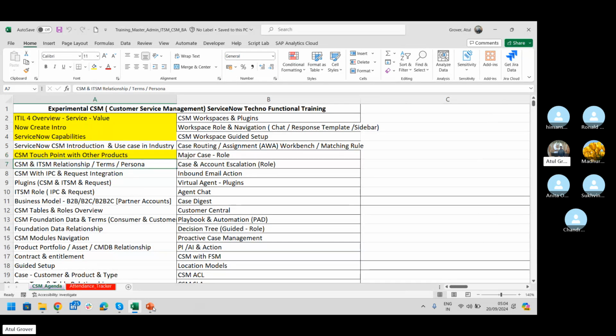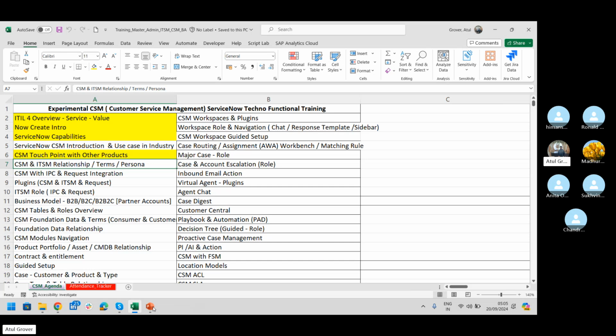Now we saw yesterday CSM and ITSM. In the CSM, we have an agent, a customer, a consumer, a customer manager, and an account manager. In ITSM, we have leadership, service manager, incident, change, problem, and all these.